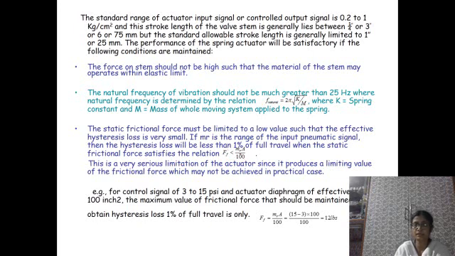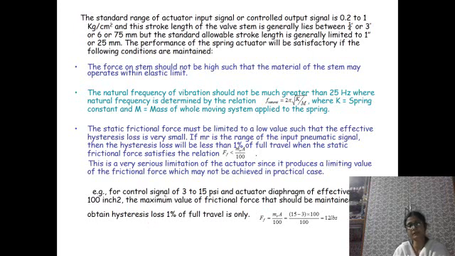This is the condition to operate the valve within the full stroke, so that hysteresis loss can be maintained within 1% of the full travel. This is a very serious limitation of the actuator, since it produces a limiting value of the frictional force which may not be achieved in practical cases.